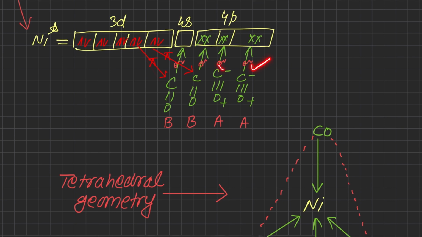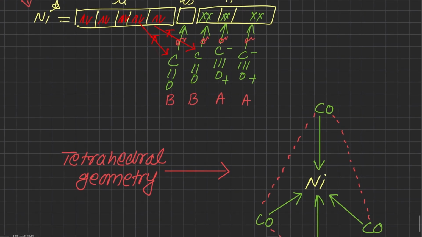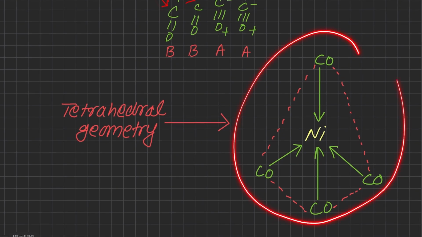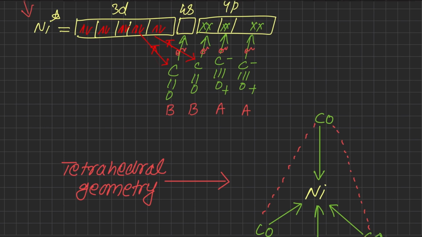So here 4 sigma bonds have been formed, but 2 are in A form with no back bonding, and 2 carbonyls are in B form with back bonding, and in back bonding the pi electrons are donated towards the carbonyl through pi coordinate covalent bond. So the geometry of this complex is tetrahedral. A little detail or addition is that this orbital also contains 2 electrons donated from the carbonyl.